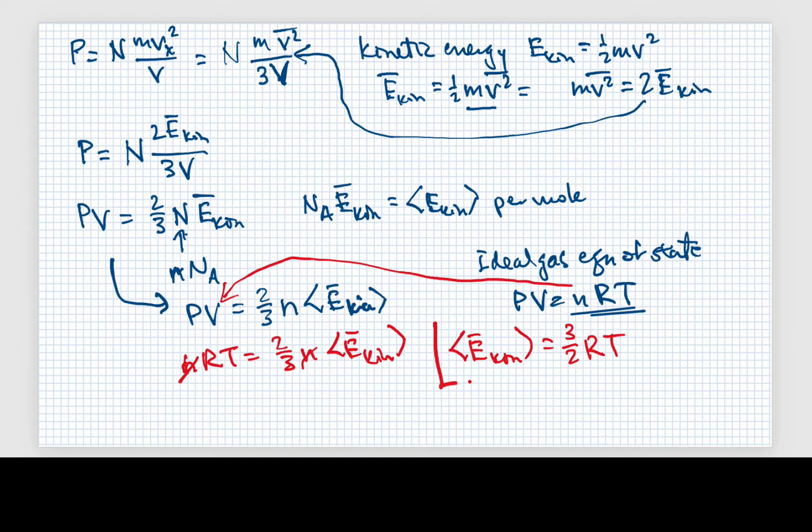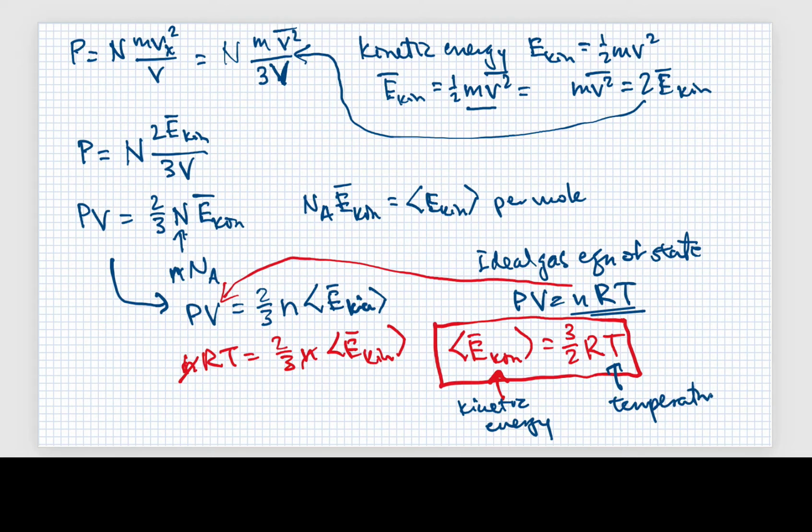Wow, what does that mean? Does it have any significance? Well, this is a statement about the mechanical energy or the kinetic energy of the particles, and the only variable on the right-hand side of this equation is the temperature.